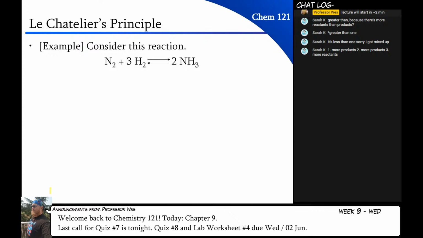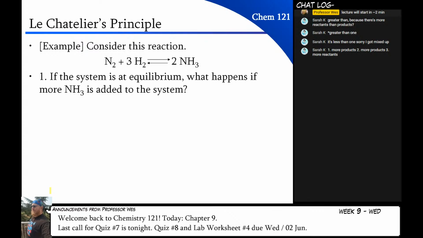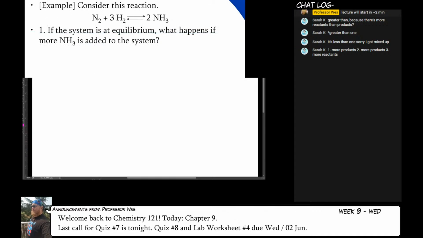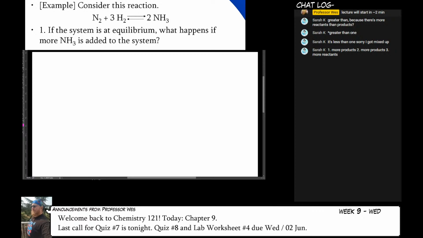So let's look at this reaction. We're going to look at a bunch of scenarios. So in scenario 1, I have ammonia that is produced from the reaction of nitrogen and hydrogen. Now, if the system is at equilibrium and I add ammonia, what happens? So let's look at that. We're going to just assume that the equilibrium constant is flat here. So we've got N2, we've got H2, and we got NH3.